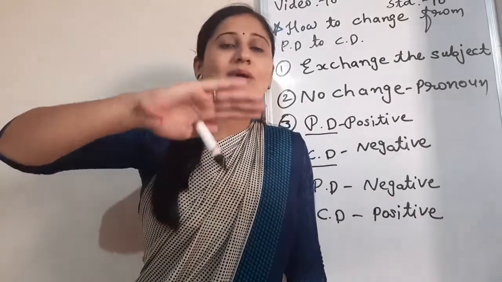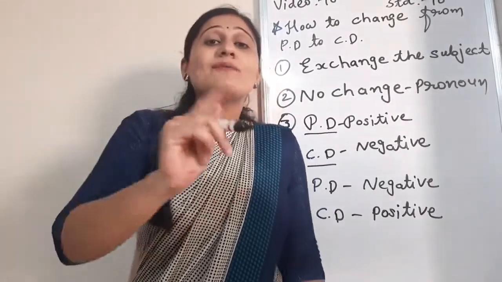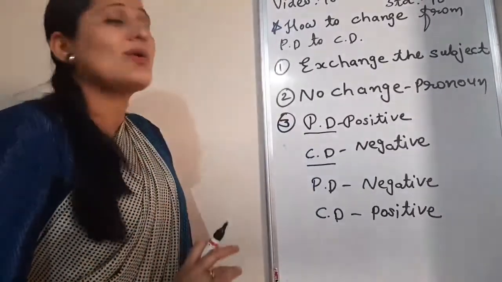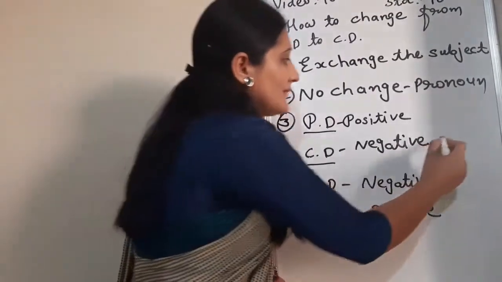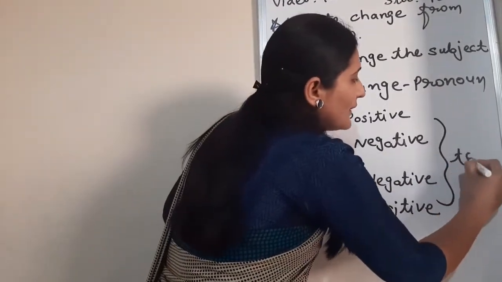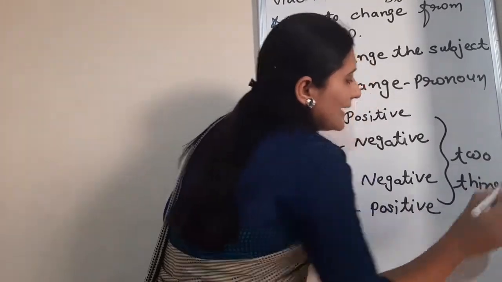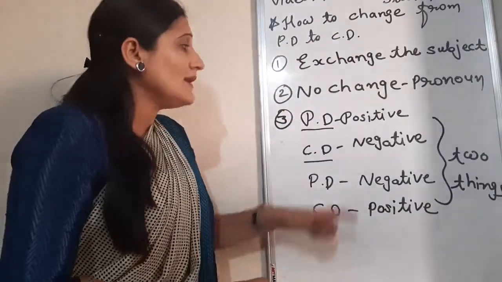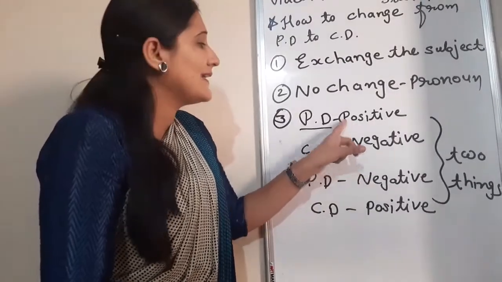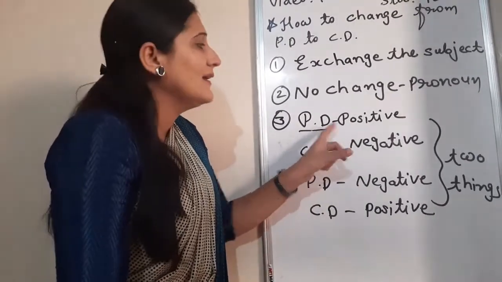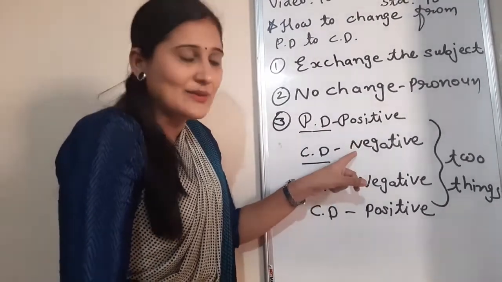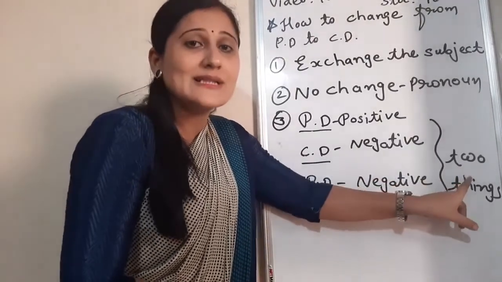Positive, negative, negative, positive. But one more confusion in that also: this is for two things. For example, if a sentence of positive degree is given, positive, then we will turn it to negative, for two things mostly, right?